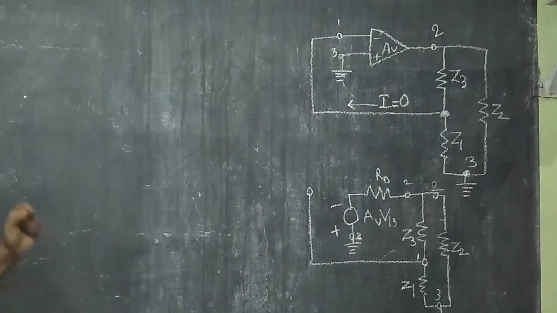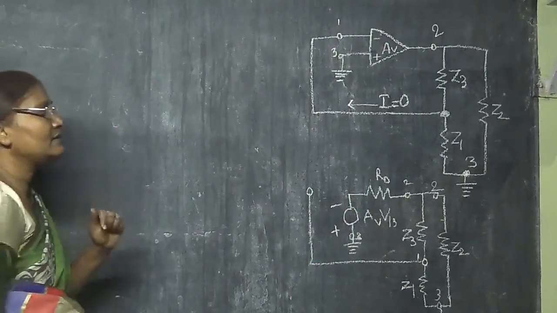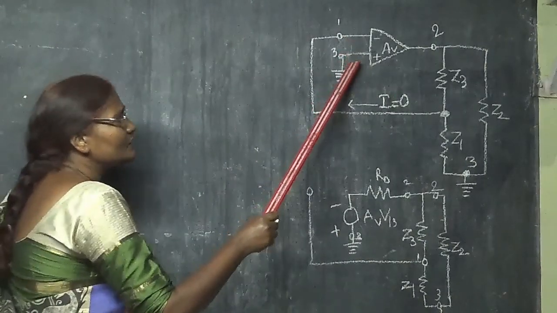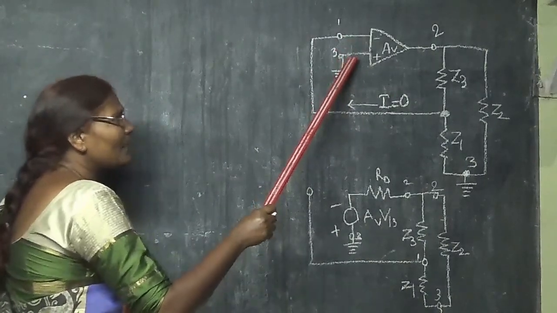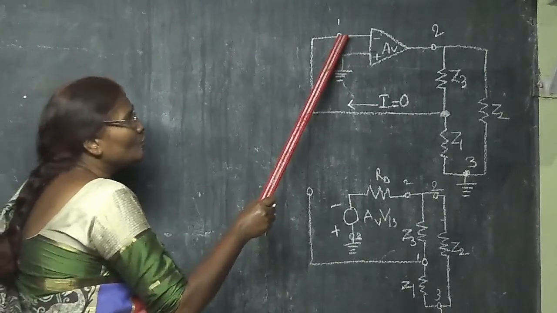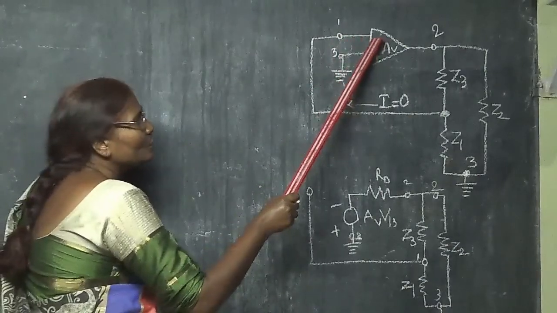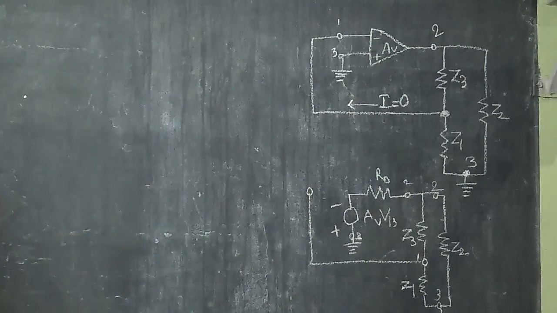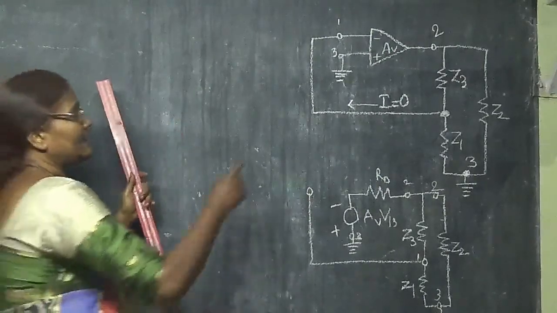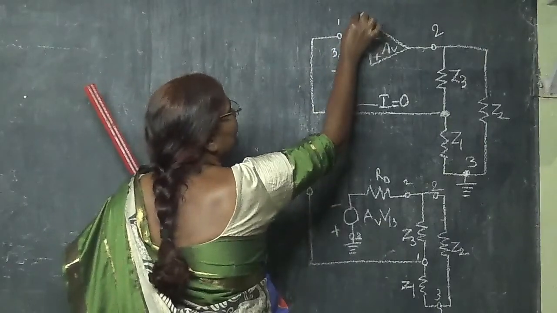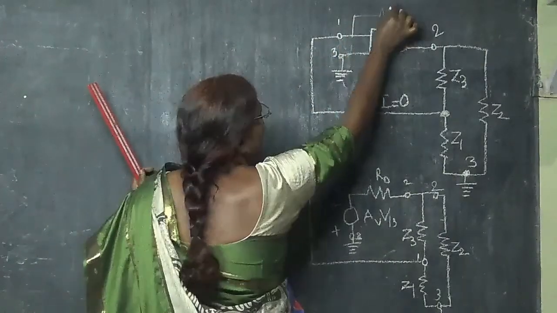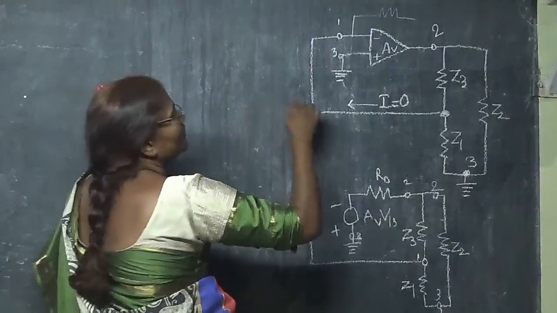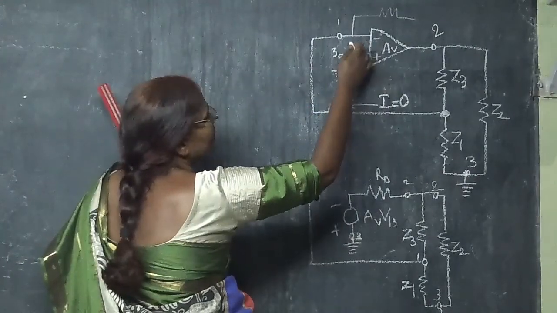There is one other characteristic of the op-amp: the input impedance of the op-amp is so high that no part of the current will go into the op-amp. Generally op-amps will have a feedback circuit also, but here we don't use that.